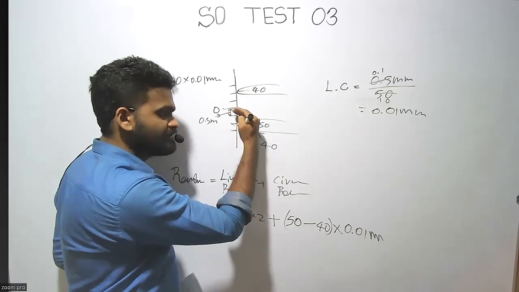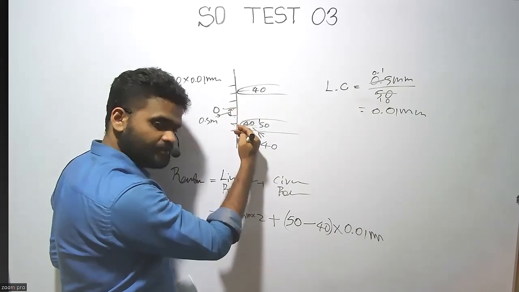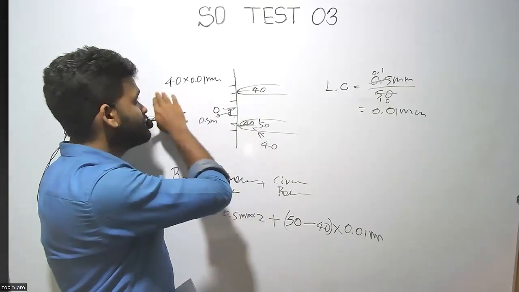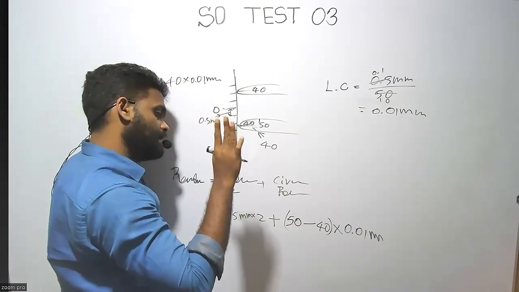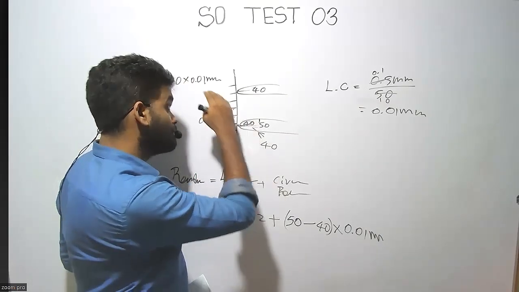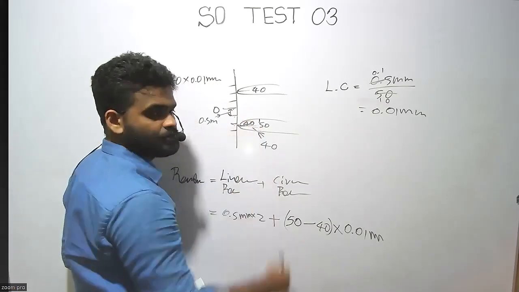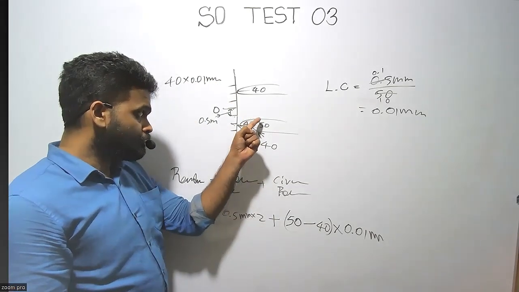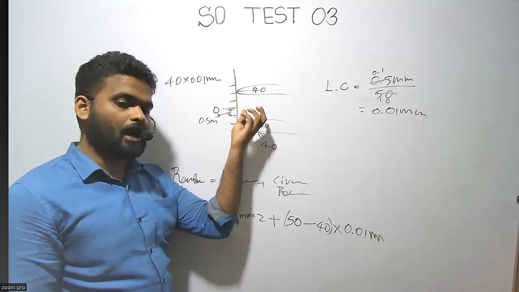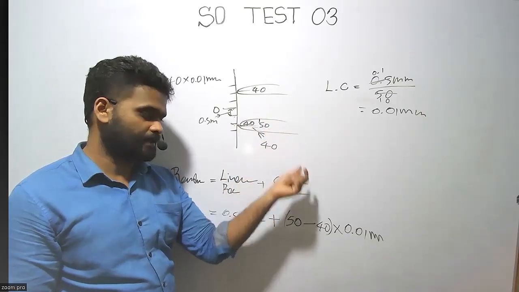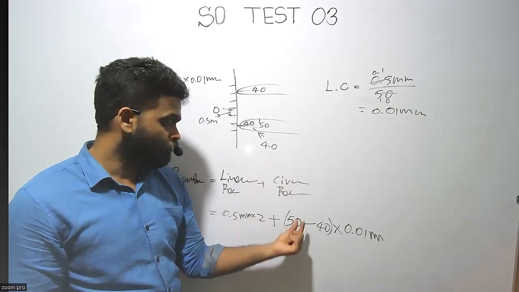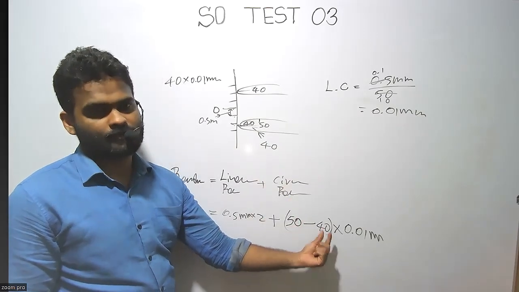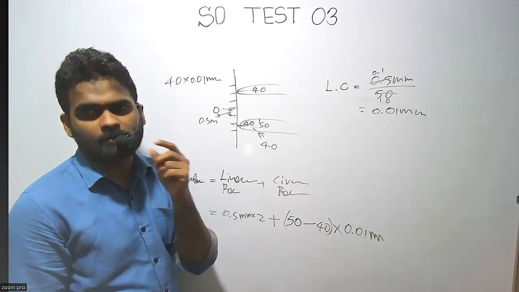If it is above 0, you just multiply by 40. If it is below 0, what you have to do? If it is 100 parts, you have to subtract from 100. But since it is 50 marks on the circular scale, 50 minus 40. So those are special points you have to remember, right?